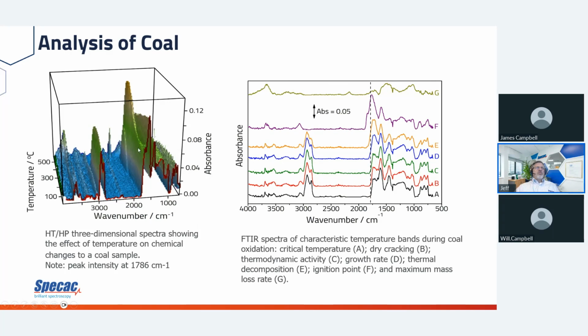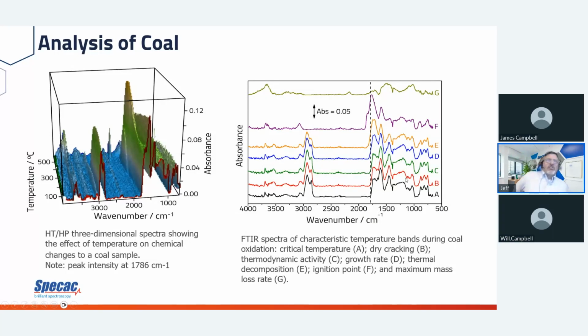And this is a lot of data that was collected over a period of time, over temperature, and the absorbance values. And you can see this really nice peak coming up and then dropping down. And that was taken right here at the 1786 peak. And the black is when you first start, and as you heat up, things change.